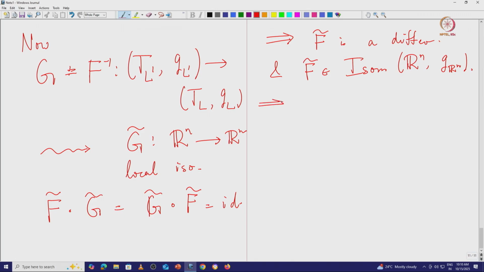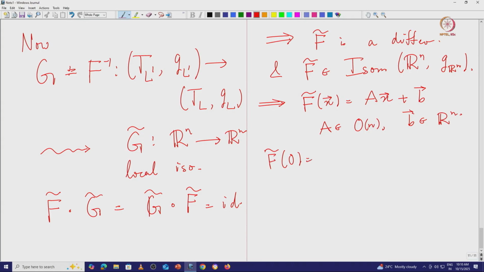But then this implies, by the theorem that I wrote down yesterday, or the previous lecture, that f tilde is given by an affine linear map where A is an orthogonal matrix and B is some vector in Rn. But now by my normalization, f tilde of 0 is 0.